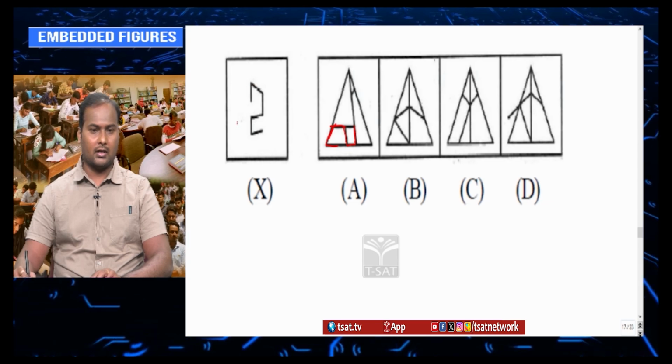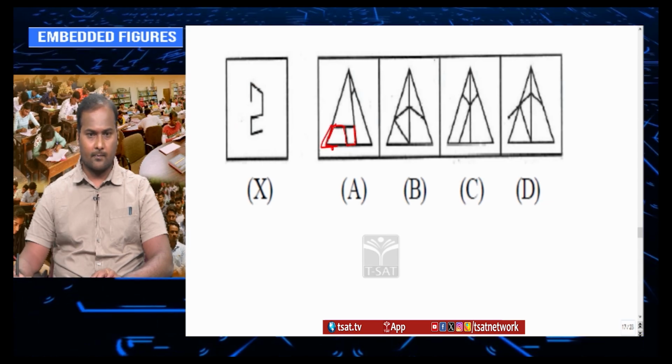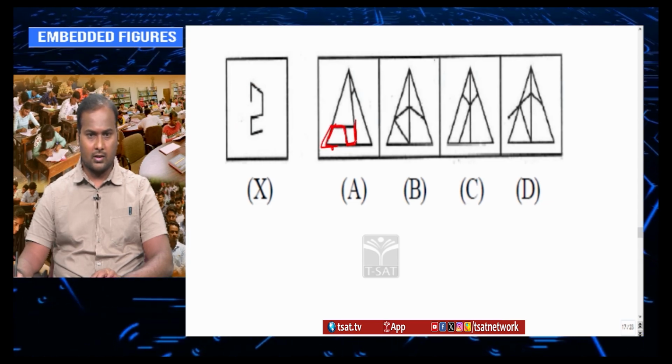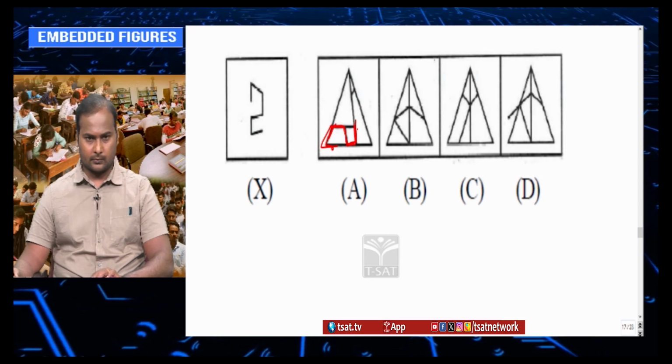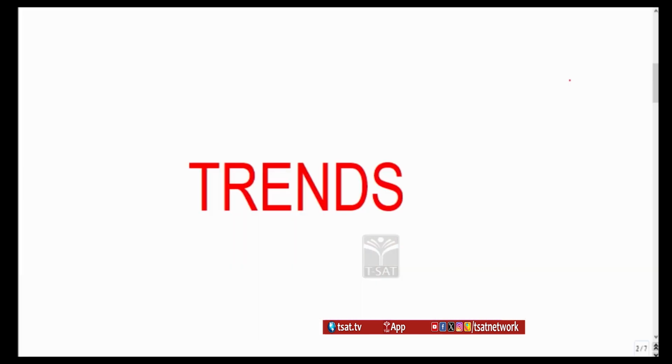The moment he rotated it anti-clockwise by 90 degrees, obviously you can see this figure is embedded in this particular portion. Till now, we saw embedded figure questions. Embedded means hidden. This particular question figure is embedded in the answer figures. So, students need to observe the answer figures very carefully to find out the answer.